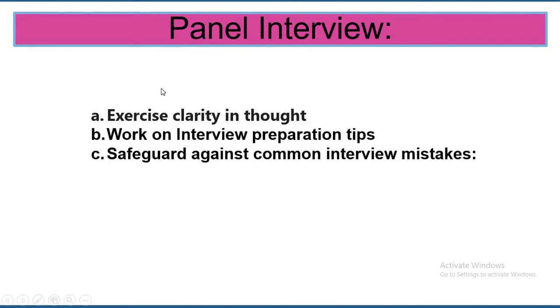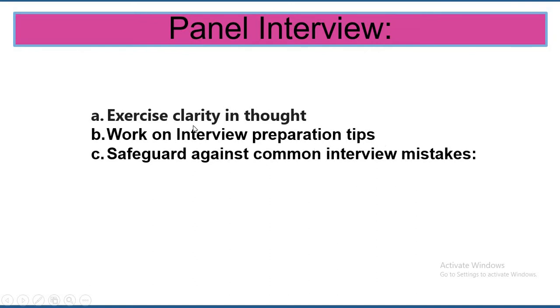Here, first, you have to think about clarity of thoughts. That is the way you approach the question asked, and how well you answer the given question. The first and foremost thing you need to do is follow interview preparation tips.